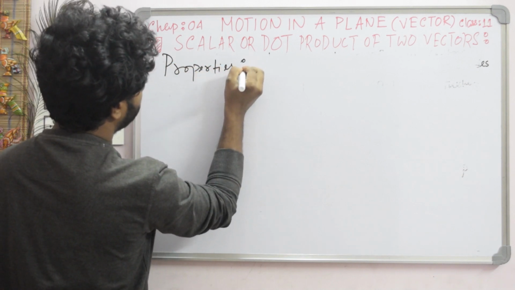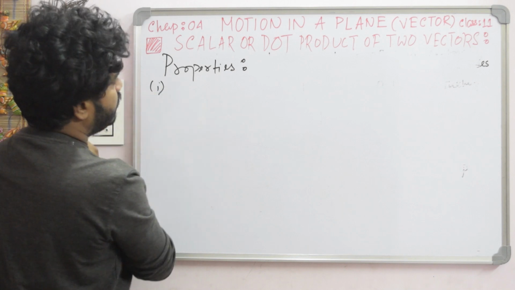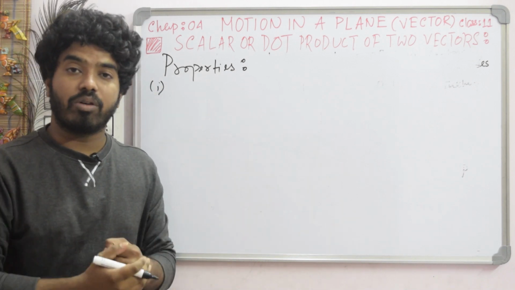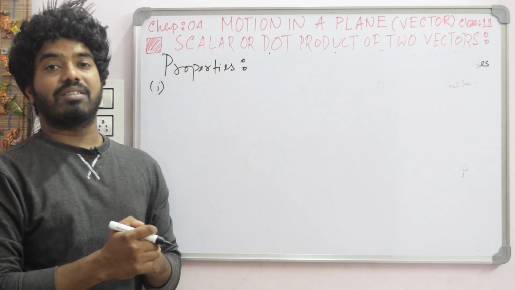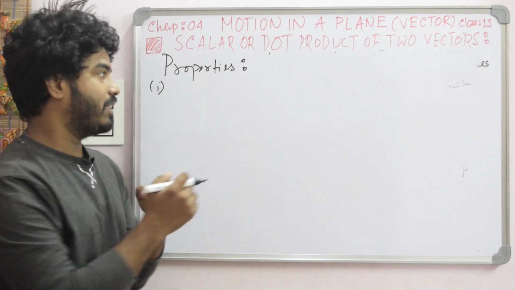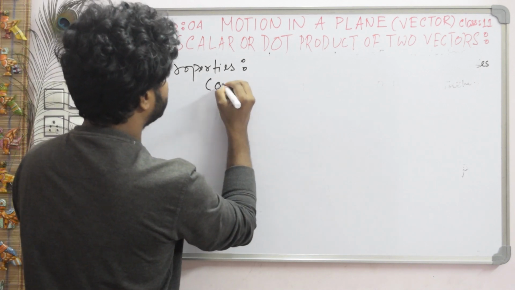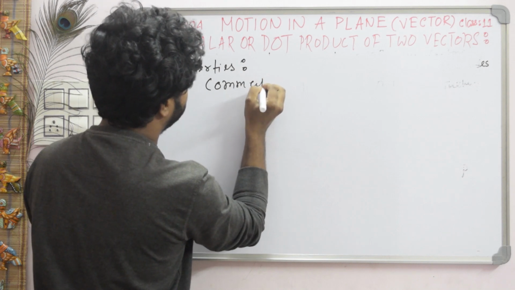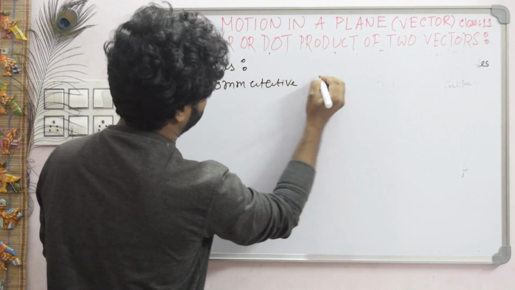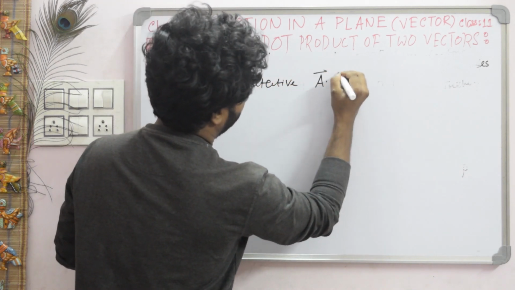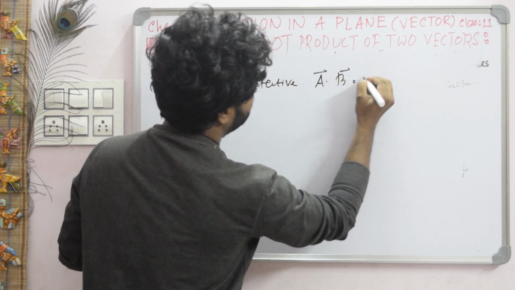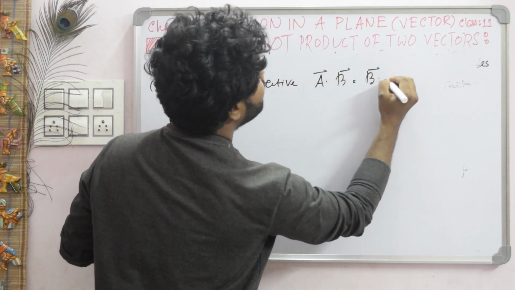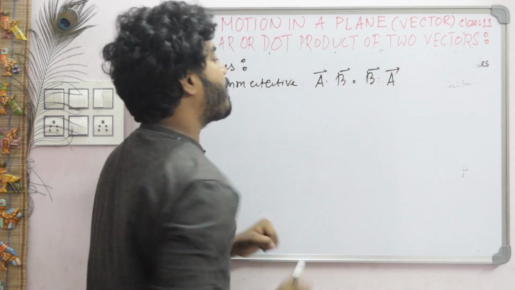First one, write down, the dot product or scalar product is always commutative. That is, vector A dot vector B is equal to vector B dot vector A.